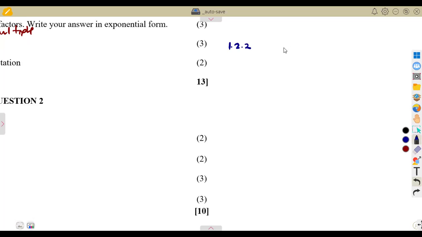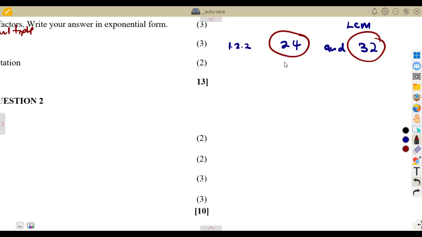The numbers that we are given are 24 and 32. So you need to determine the LCM, the lowest common multiple. This is what you do. Just express the given numbers as a product of their prime factors.